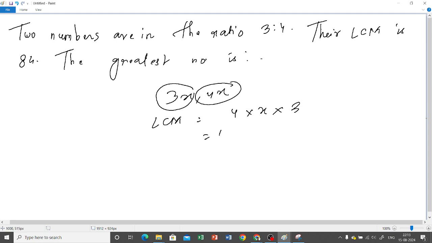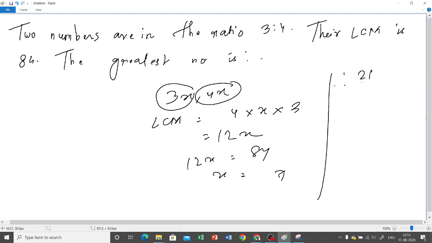So what is the LCM? 12x. Now 12x is 84. What is x? 7. Therefore what are the numbers? 3 into 7 is 21, 7 into 4 is 28. So 28 is the greatest number.